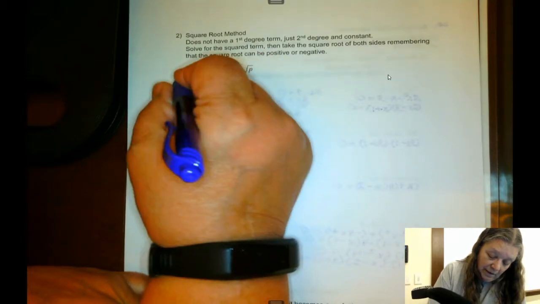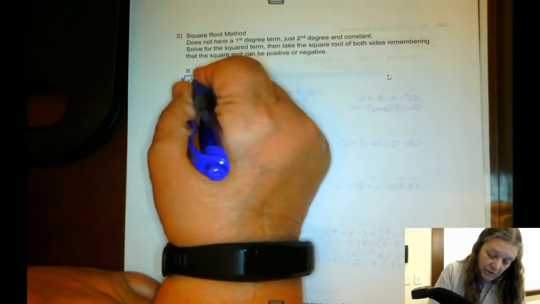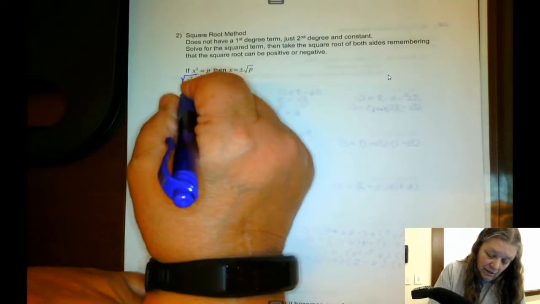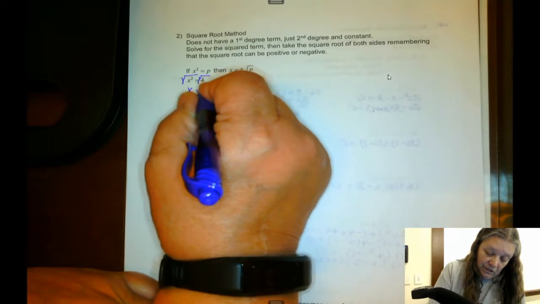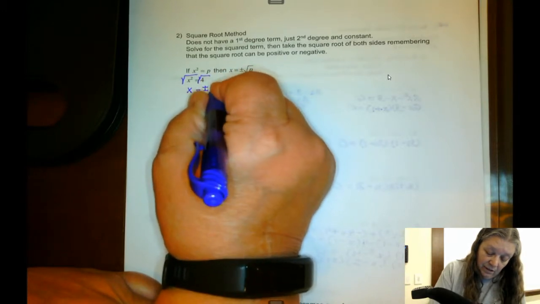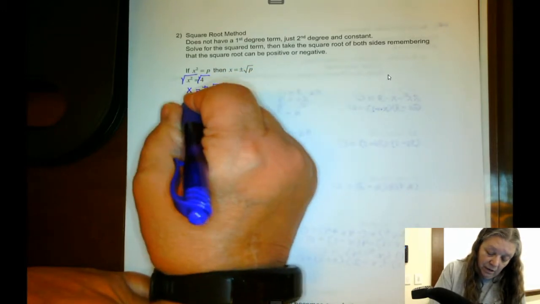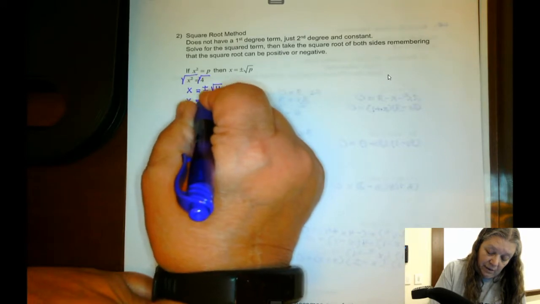So in this first one, we have x squared equals 4. We take the square root of both sides. Square root of x squared is x, and it's plus or minus square root of 4, which means x equals plus or minus 2.